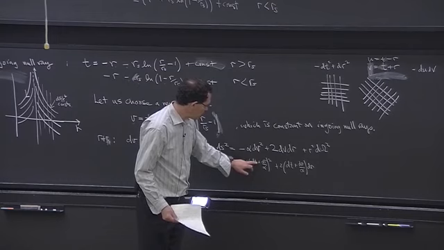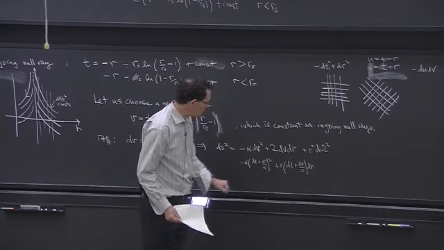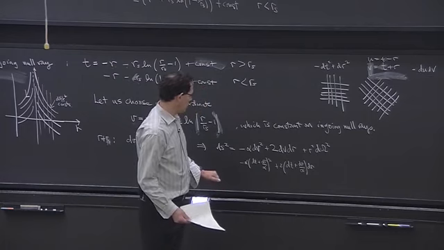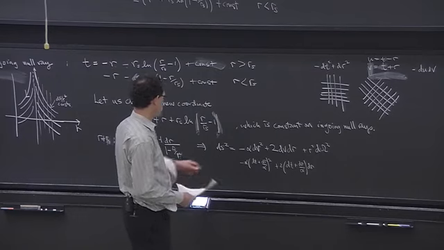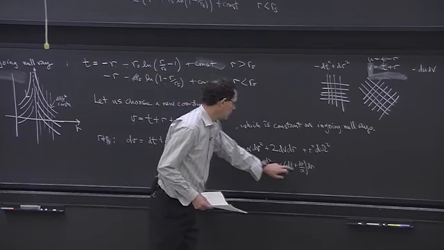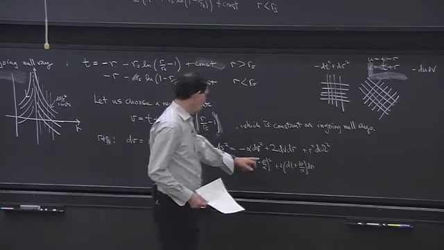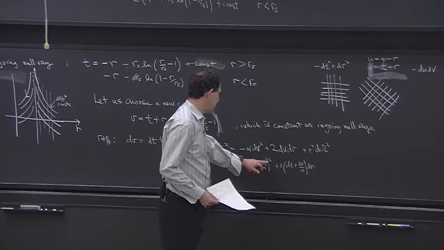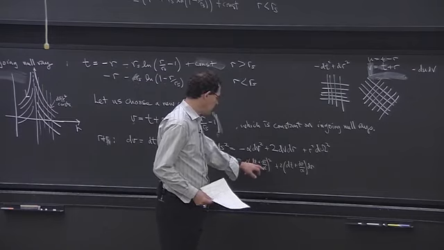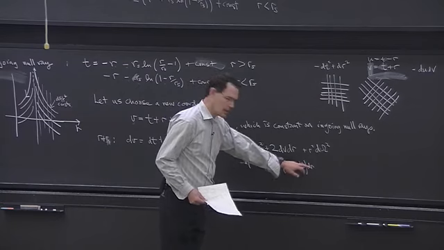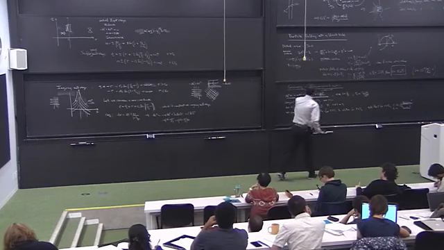When I look at the cross term, I get minus 2 dt dr, since the alphas cancel, and here I get plus 2 dt dr, so the cross term cancels. And then over here I get minus dr squared over alpha, and here I get plus 2 dr squared over alpha. So this reproduces that term.